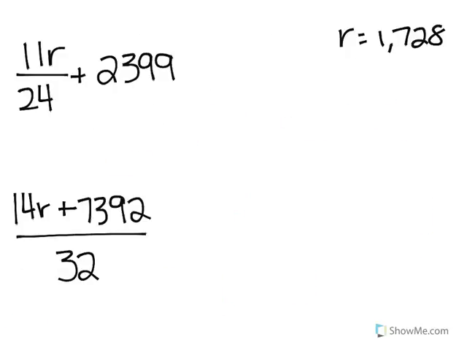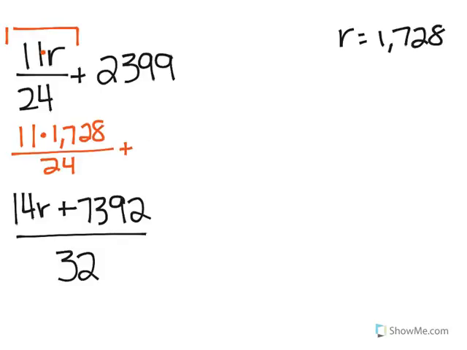11r over 24 plus 2,399. So remember, there's a number and a variable next to each other, which means we're multiplying. So we'll rewrite that. 11 times 1,728 over 24 plus 2,399. Now, this 11 times 1,728 all over 24, we do multiplication and division first from left to right, but this is on top of each other. The same thing applies.